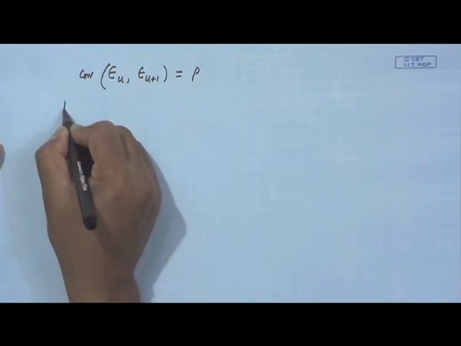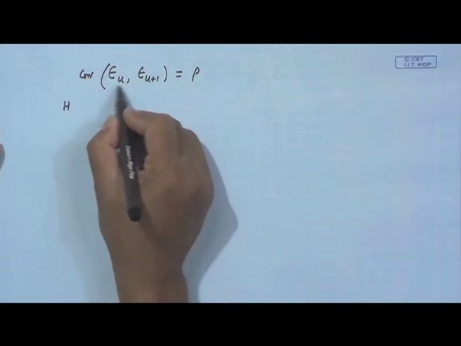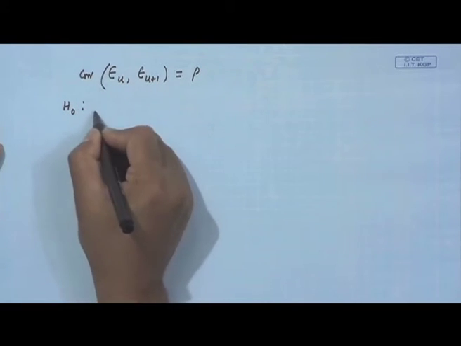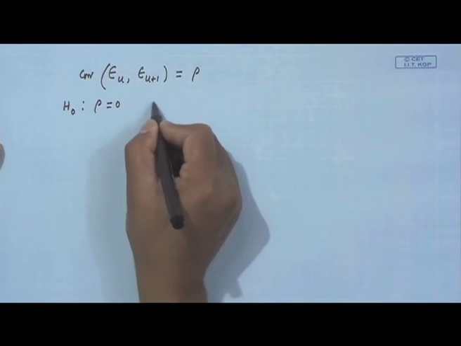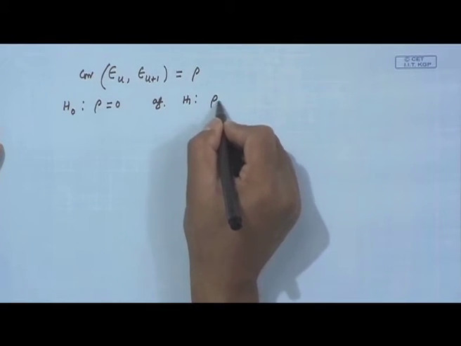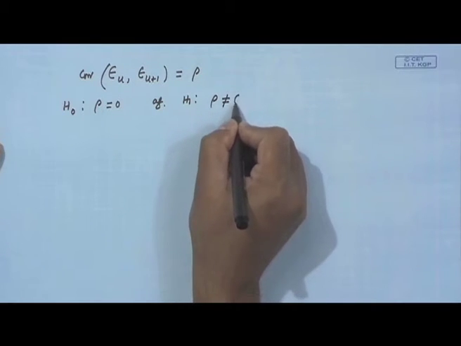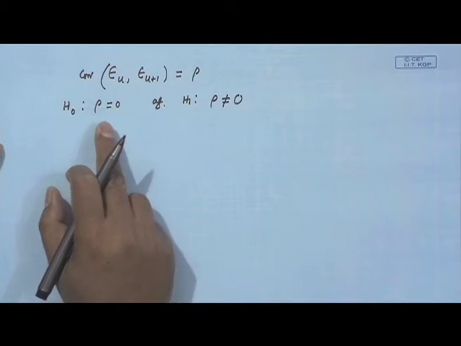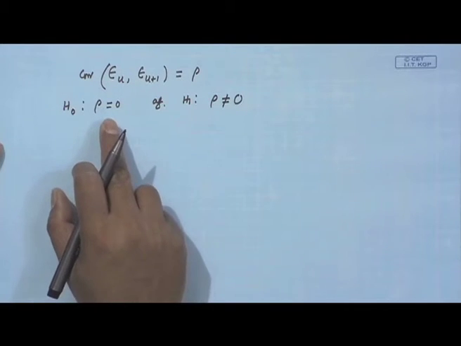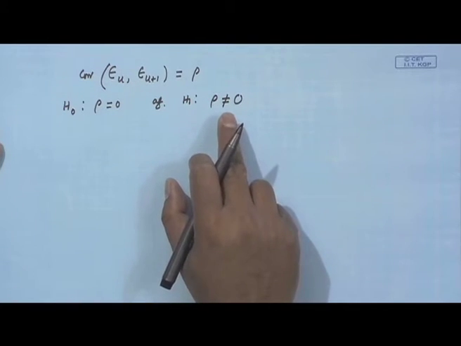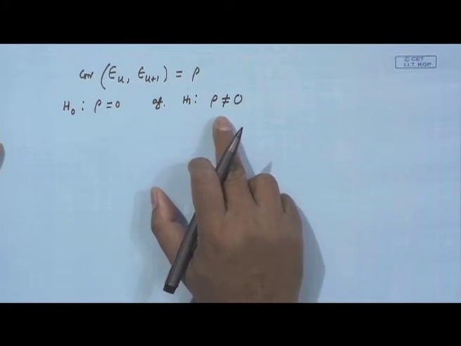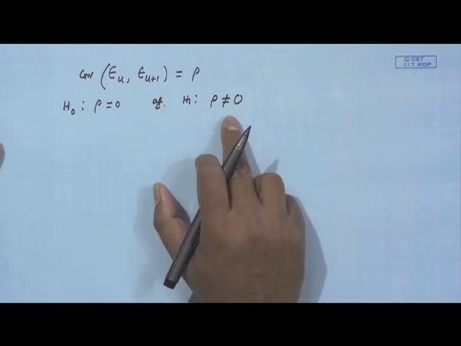Here the errors are one step apart. So, we need to test H naught: rho equal to 0 against H 1: rho not equal to 0. H naught says there is no lag 1 autocorrelation in the residuals, and H 1 says there exists lag 1 autocorrelation.